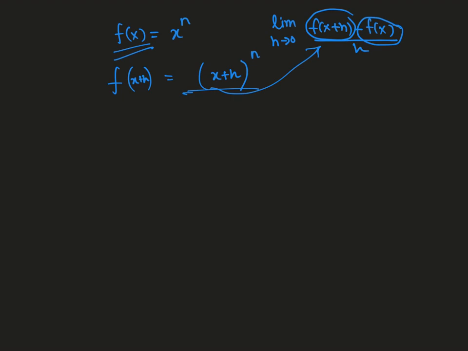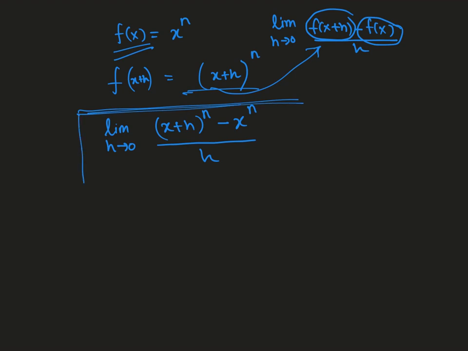So we can say that the derivative is limit as h tends to 0 of, instead of writing f of x plus h, now I will be writing x plus h to the power n minus x to the power n, divided by h. Now this is what we are going to focus on now.